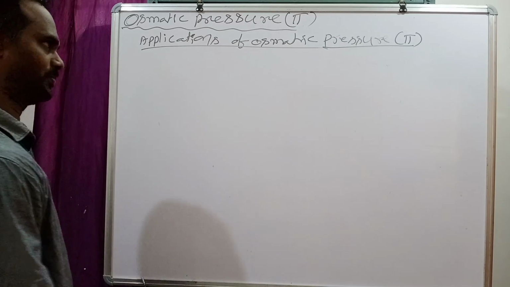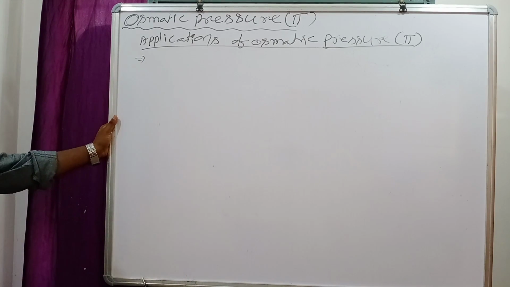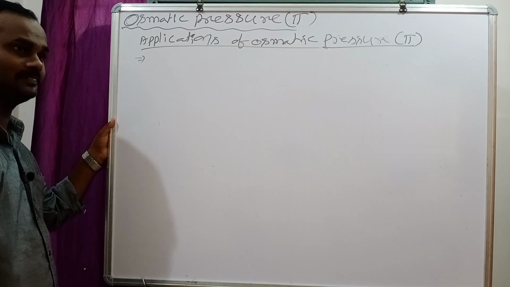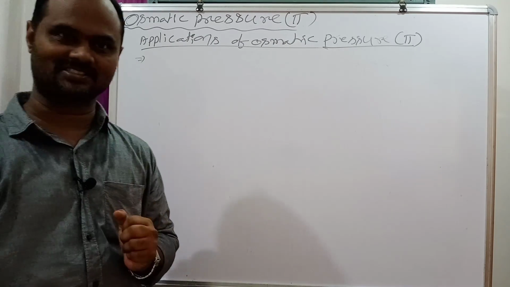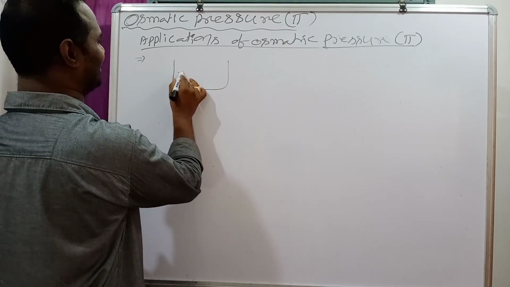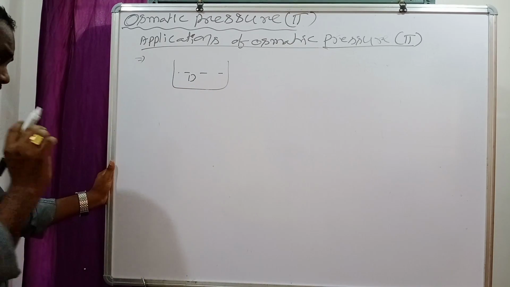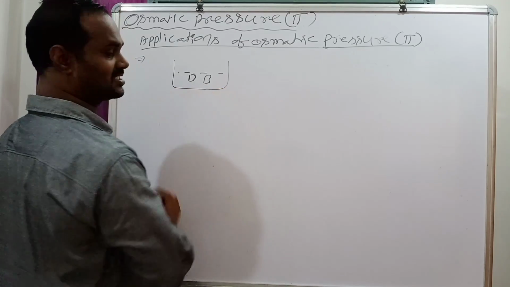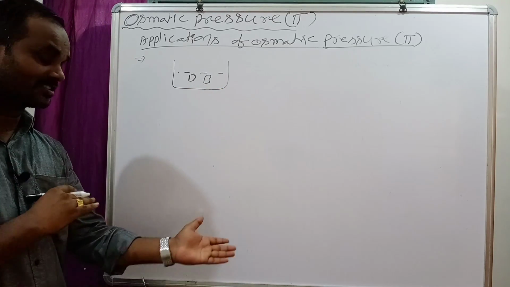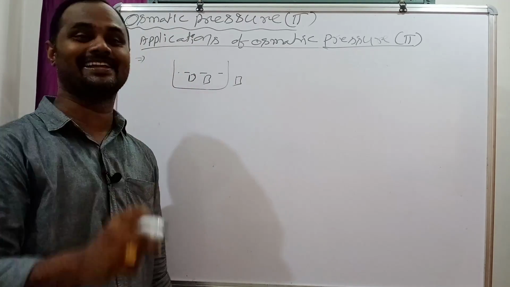Applications of osmotic pressure. One by one you have to see; in our daily life we see so many examples regarding osmotic pressure. First example, the making of pickles. Generally when big mango pieces are pickled in a salty concentration, after some days the size of the mango pieces decreases.